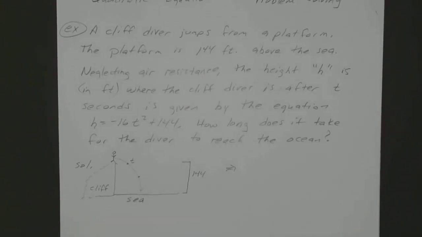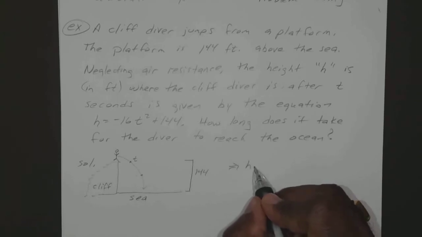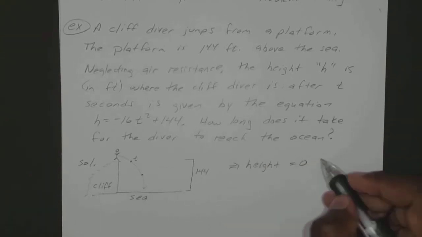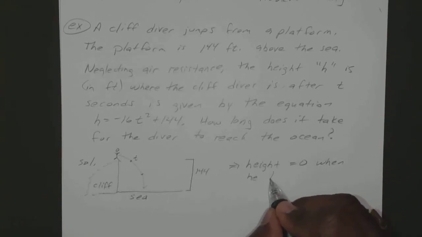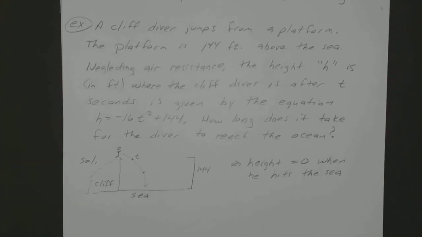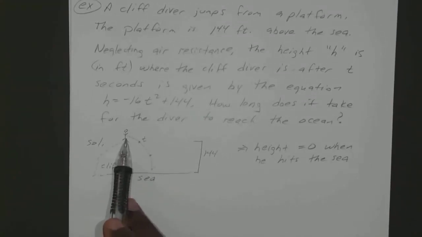All right, so we know that he's 144 feet above the sea. The height would actually equal 0 when he hits the sea, because if he started off at 144, that's his height above the sea.